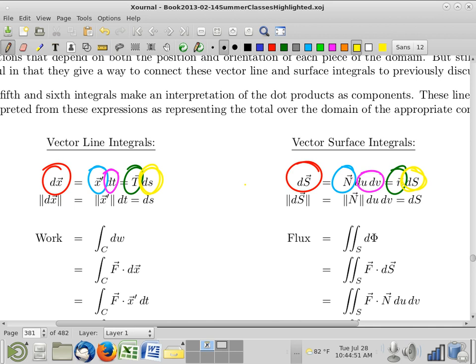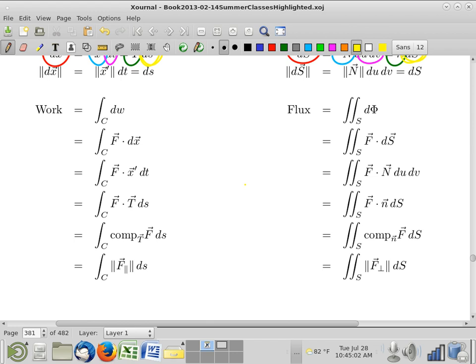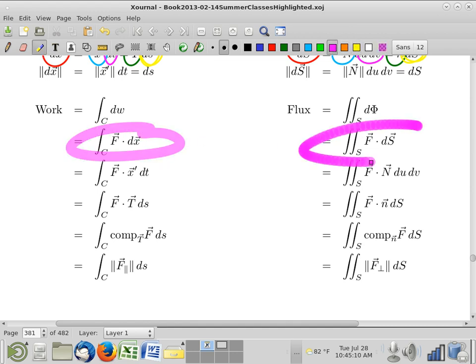All the equations for vector line integrals have corresponding analogous equations in vector surface integrals. You can even see it in the different forms of these integrals. So in both cases, we have the simple notation.